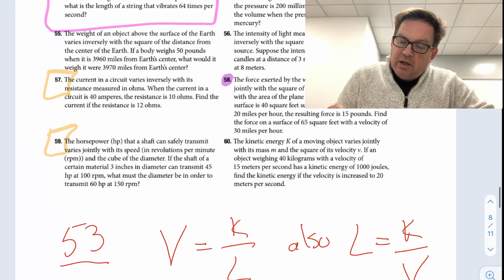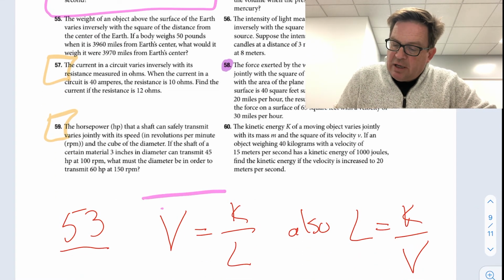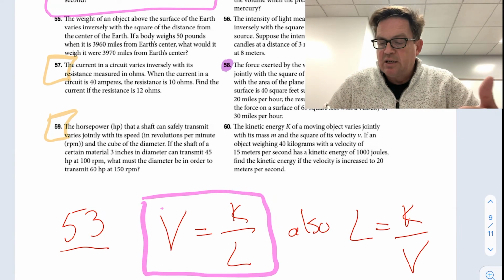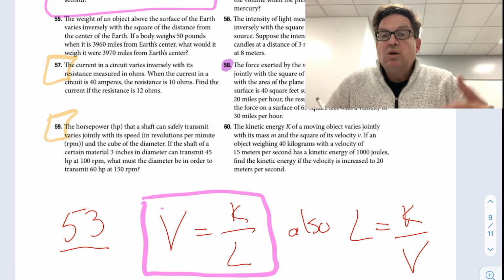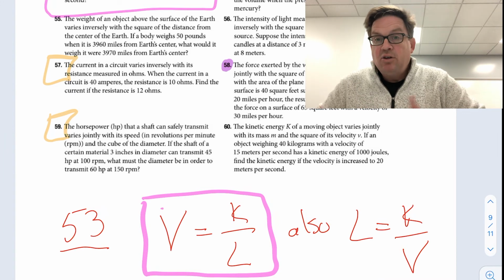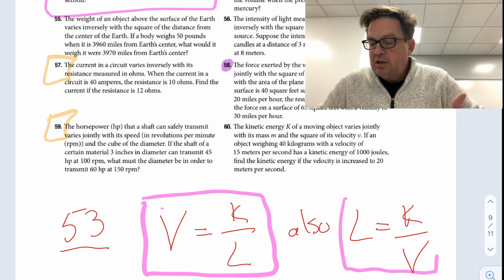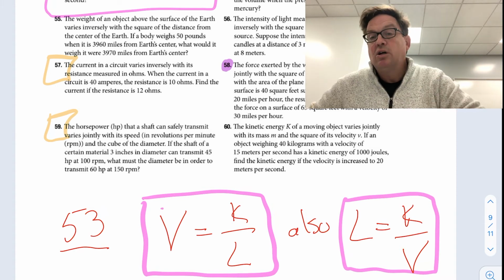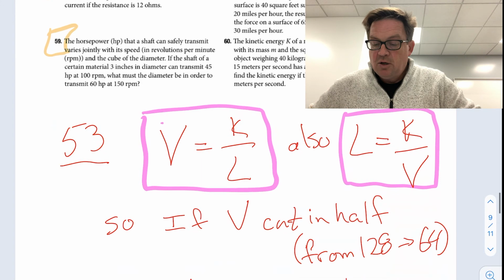So you can set up a formula. The number of vibrations per second is inversely proportional to the length, so you get the formula k divided by the length. You can change that formula around and solve for the length, and you get that the length is also inversely proportional to the vibration.